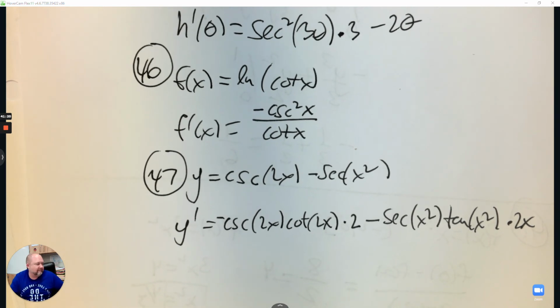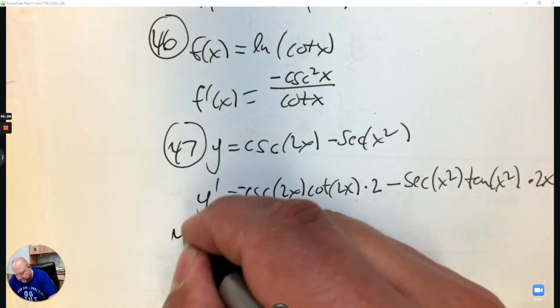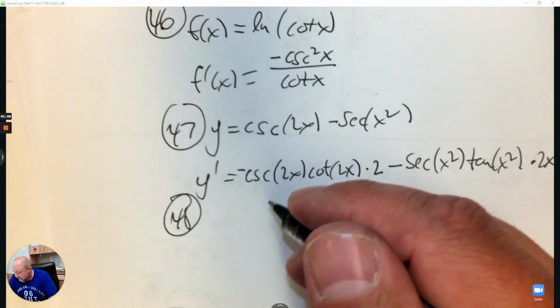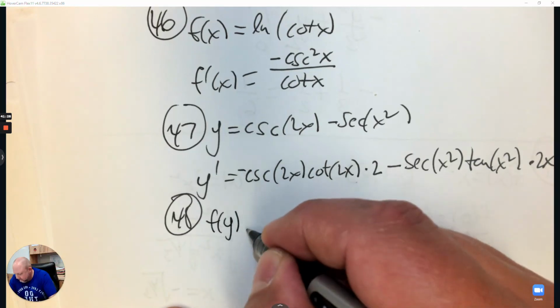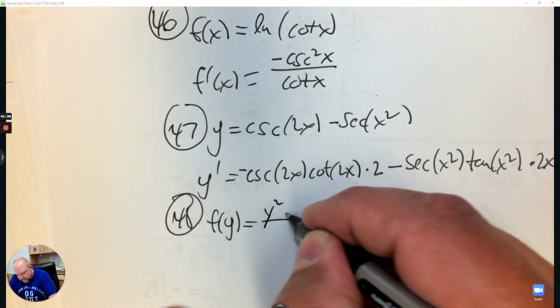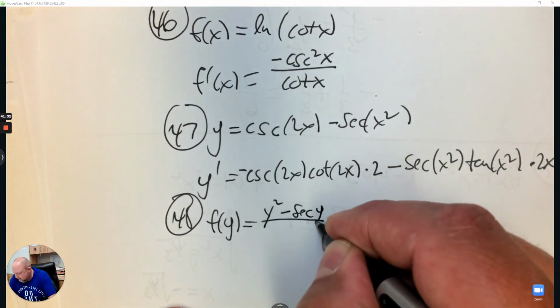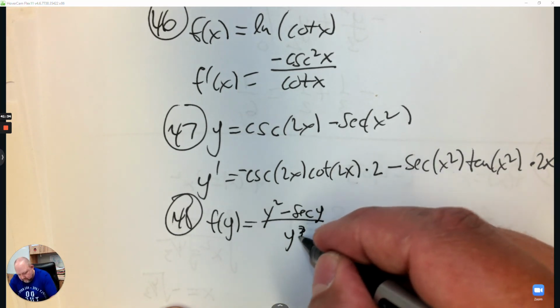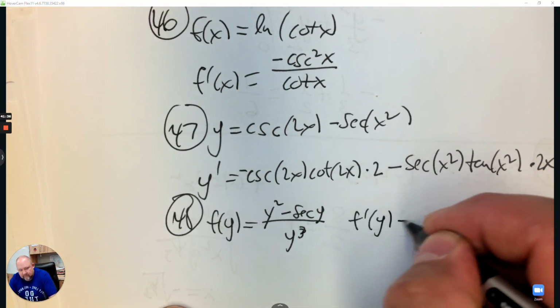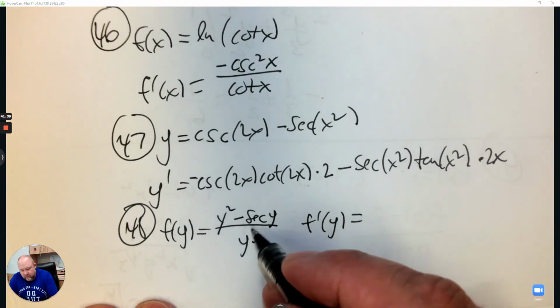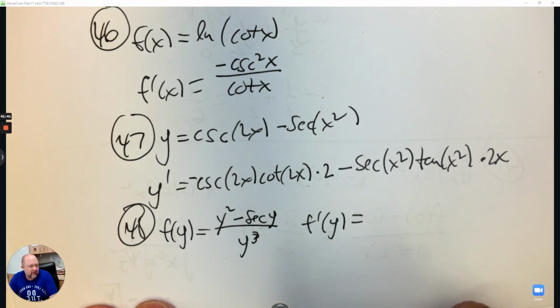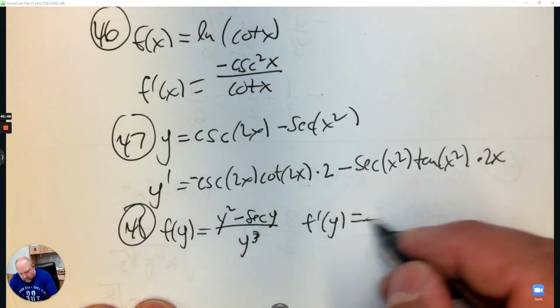Number 48. The derivative of the bottom doesn't match the top. So what direction can we go here? This is going to be the quotient rule.